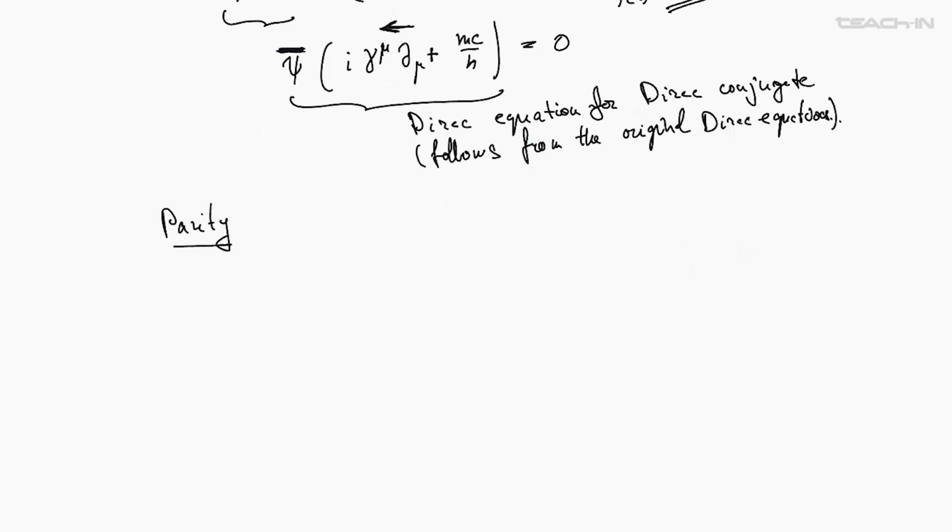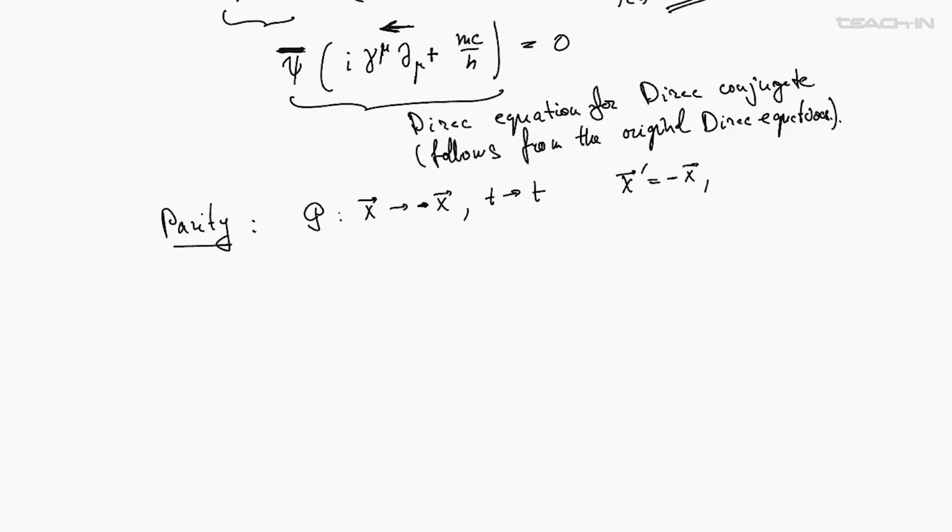This is an operation which takes three-dimensional x and sends it to minus x, and does not do anything with time. So time remains unchanged, while coordinates x are reflected. All three coordinates x are reflected. So this means that x prime is equal to minus x, and t prime is equal to t under this transformation.